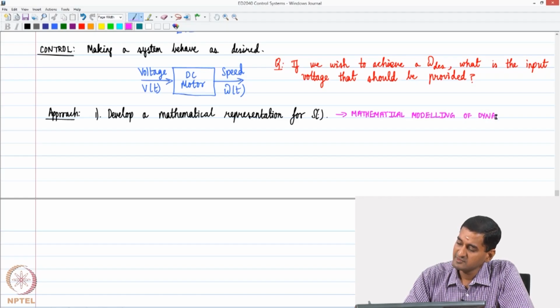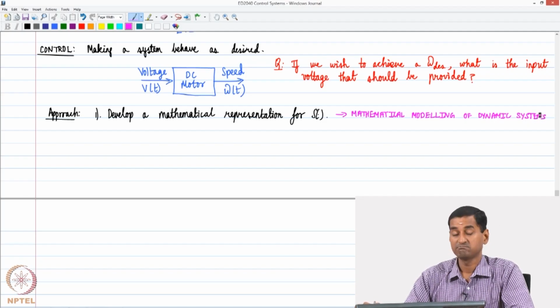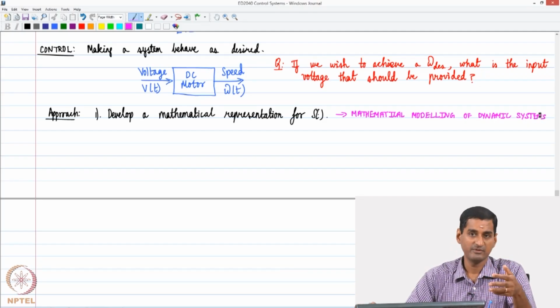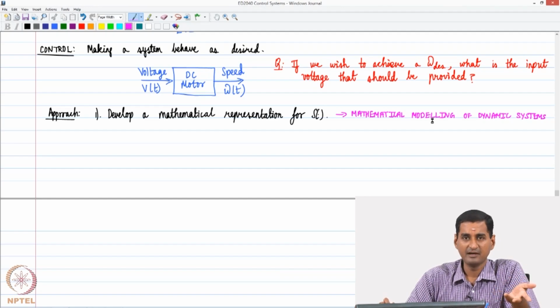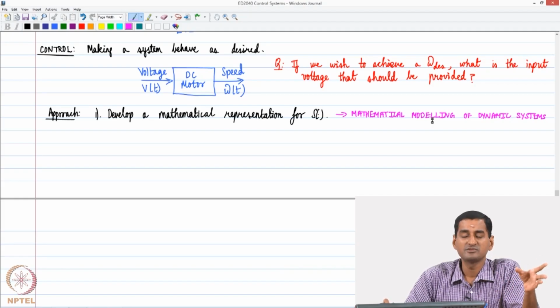Of course there can be various ways of obtaining these mathematical models. By and large in this particular course we would employ physics based models. Of course one can also have data driven models or empirical models, and sometimes we use both. So we use physics to derive part of the model, and a part of the model is obtained using experimental data.